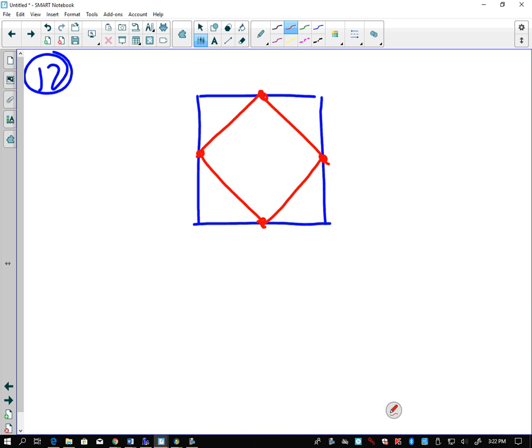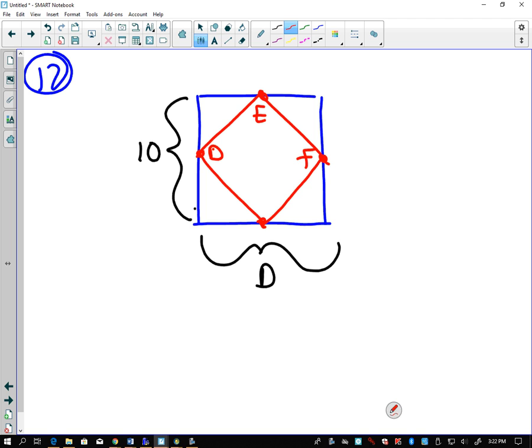They're going to state something along the lines of this whole side is 10 and this whole side is 10. This is D, E, F, and G. The question is, what is the perimeter and the area of the square?